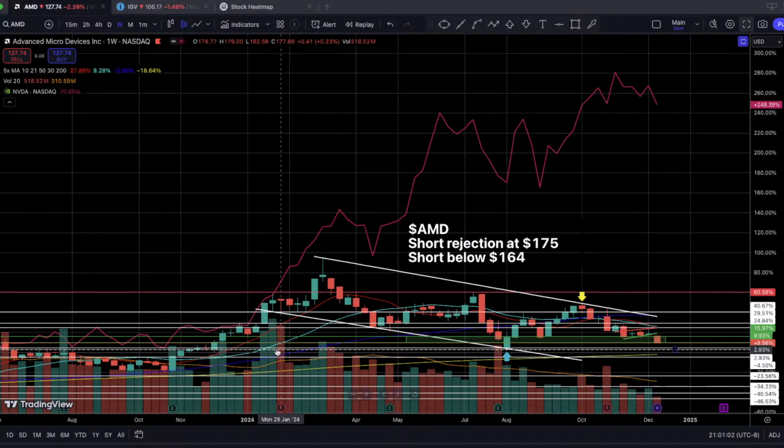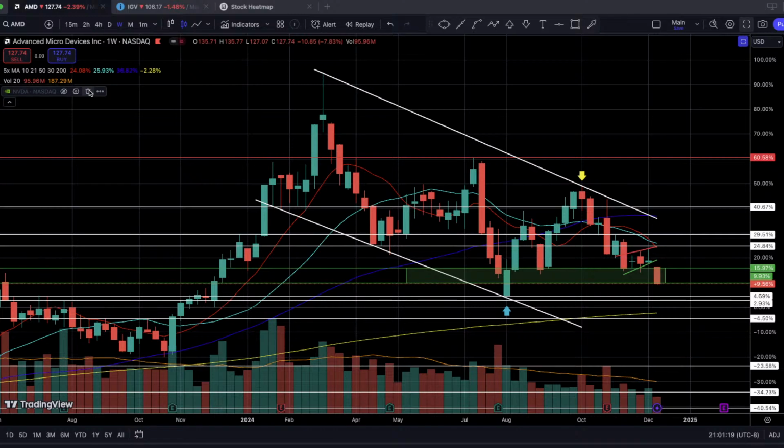Completely different. Right, AMD and NVIDIA diverged since the peak in March. NVIDIA straight up, AMD straight down, right? Very clear picture and very good comparison there.